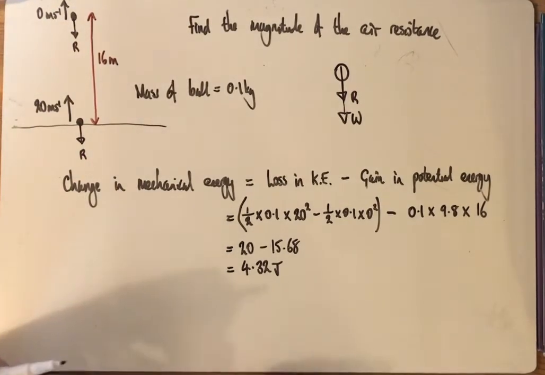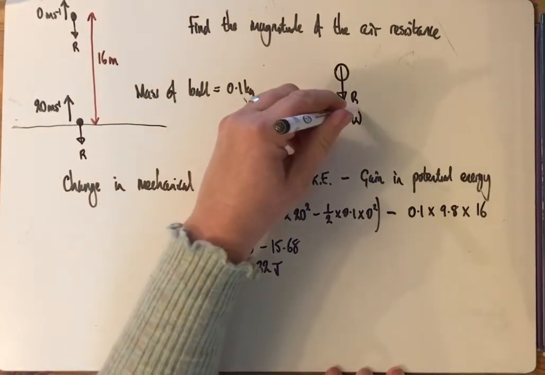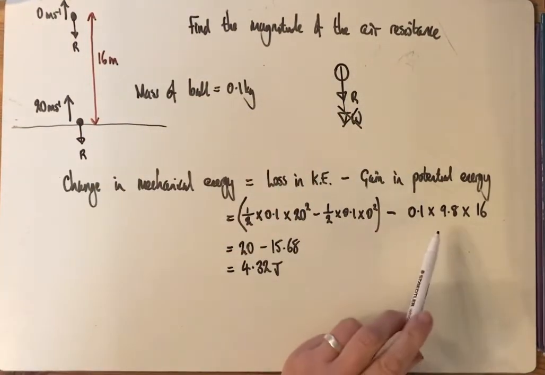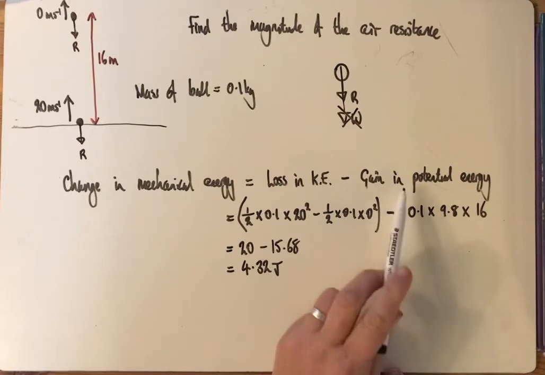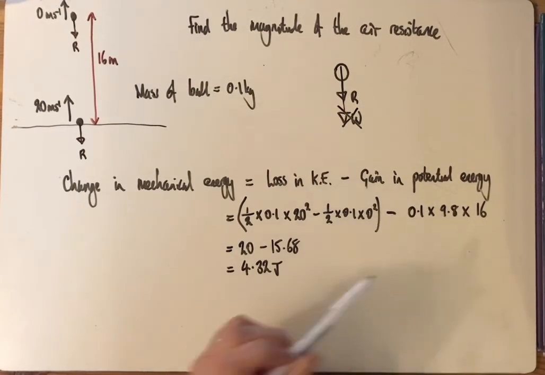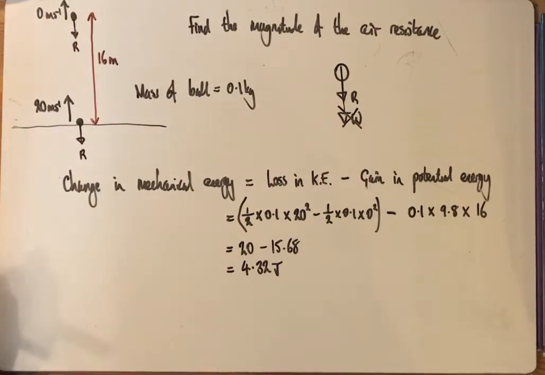So that's part of your mechanical energy. So you don't consider the weight because we've considered the weight here with this gain in potential energy. So you're looking at external forces. So gravity is a conservative force, and that counts as being within this change in mechanical energy.